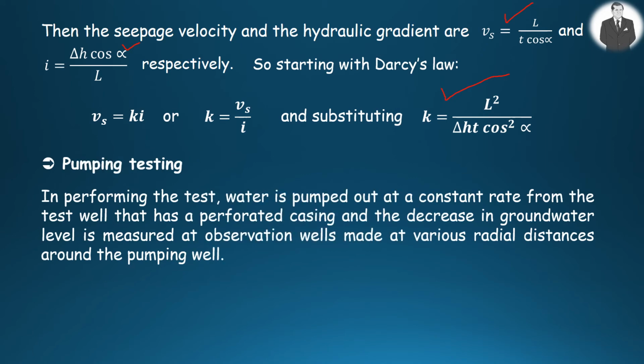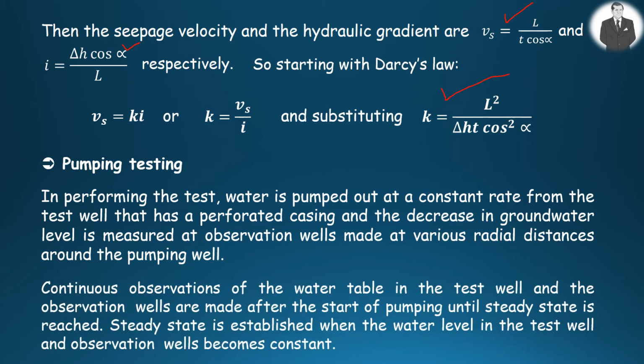Another field permeability test is called pumping test. In performing the test, water is pumped out at a constant rate from the test well that has a perforated casing, and the decrease in groundwater level is measured at observation wells established at various radial distances around the pumping well.